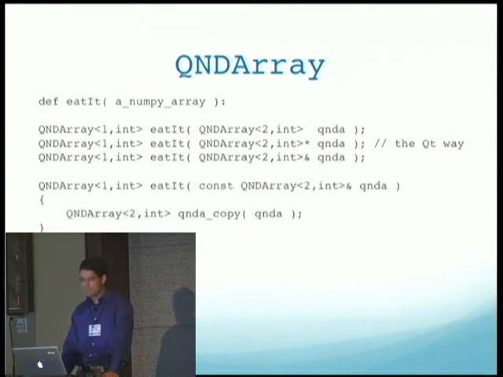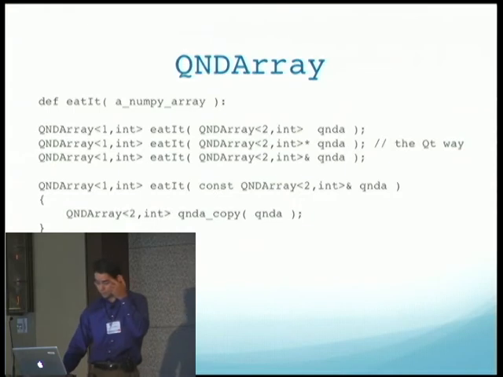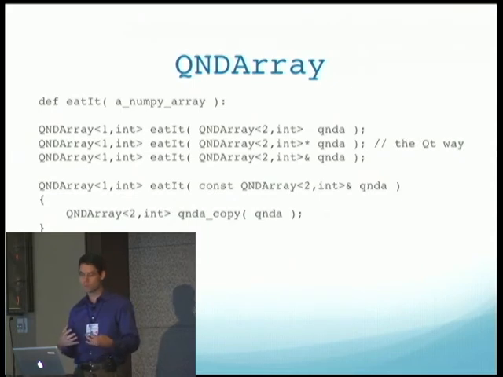The problem is this const thing, which seems really obnoxious, but in writing this, I really wanted to produce something that was acceptable to C++ programmers. It actually felt like Qt at the same time.